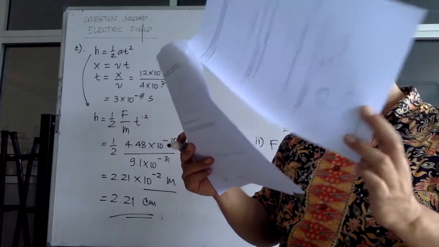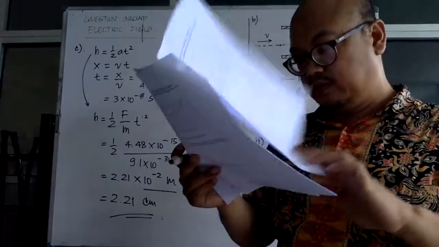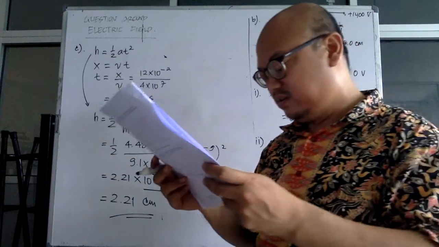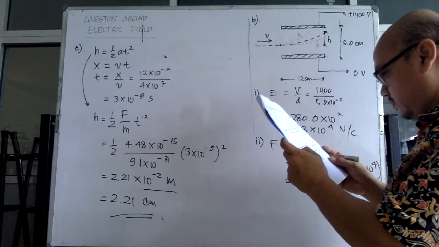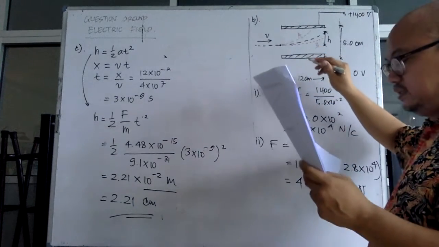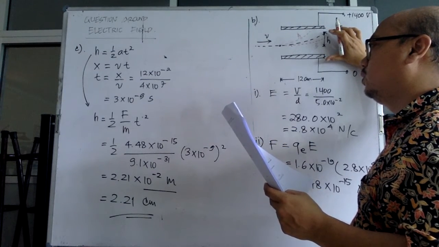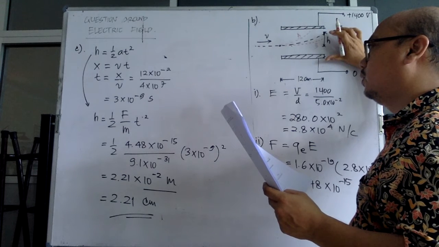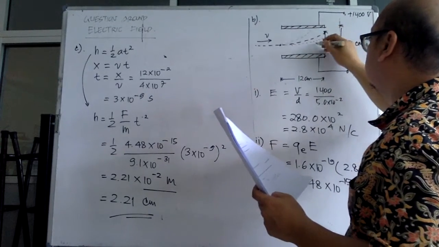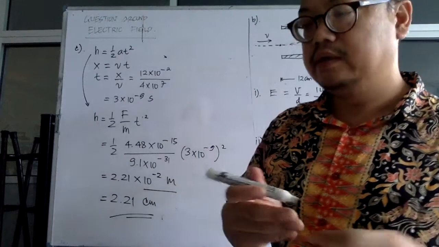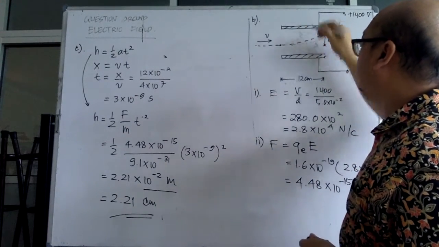When this decreases, it is coming here, and this is B.